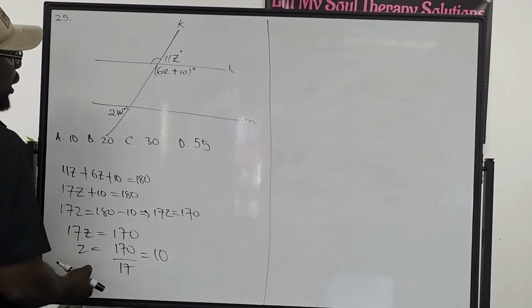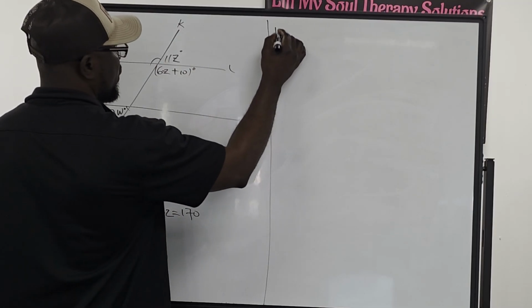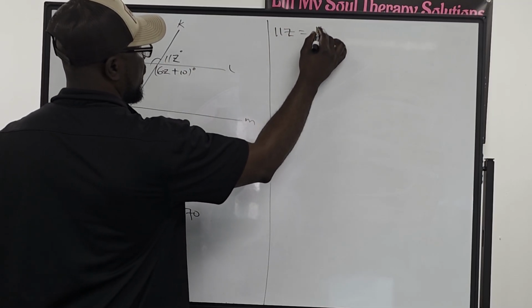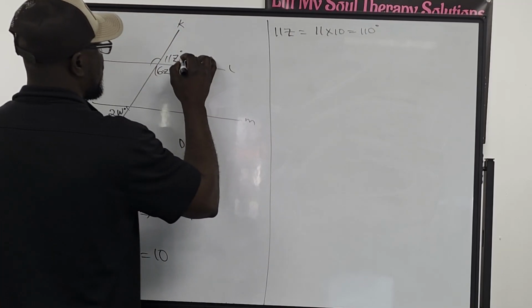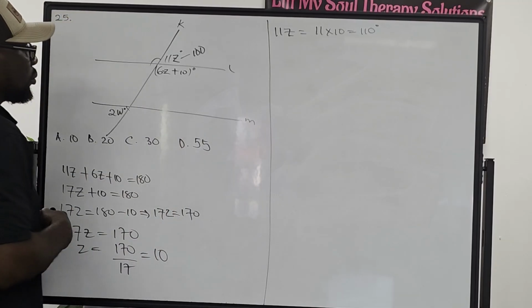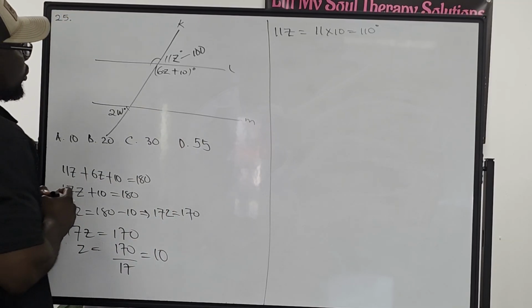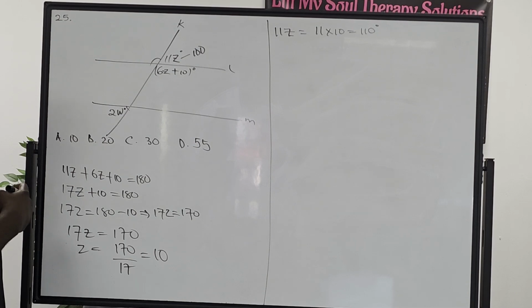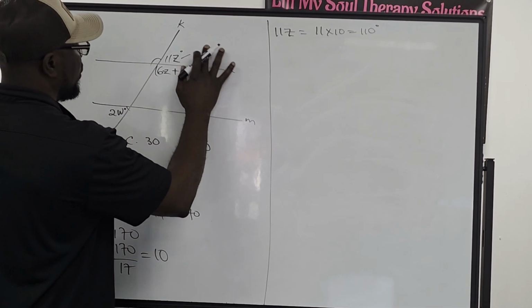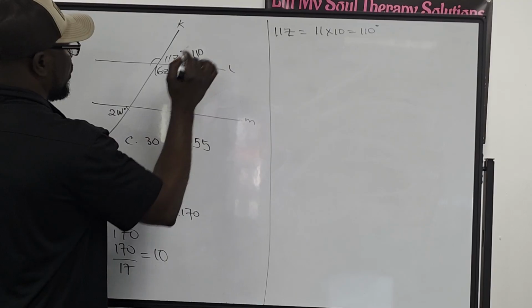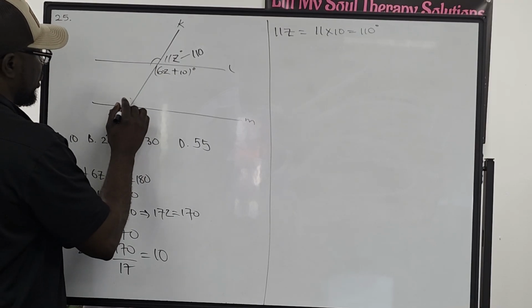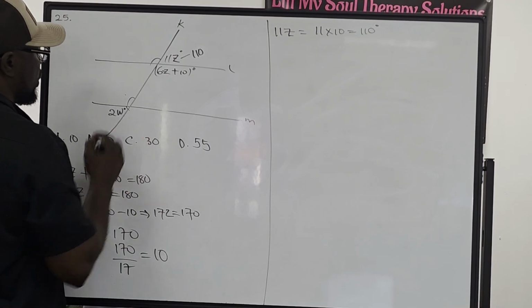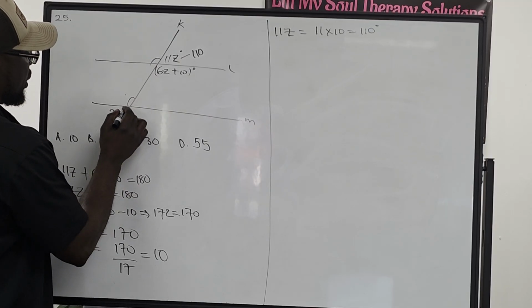Since we know that Z is equal to 10, it means that 11Z is the same thing as 11 times 10, and that is 110. So this is 110. This is equal to this, so we can know this one too.